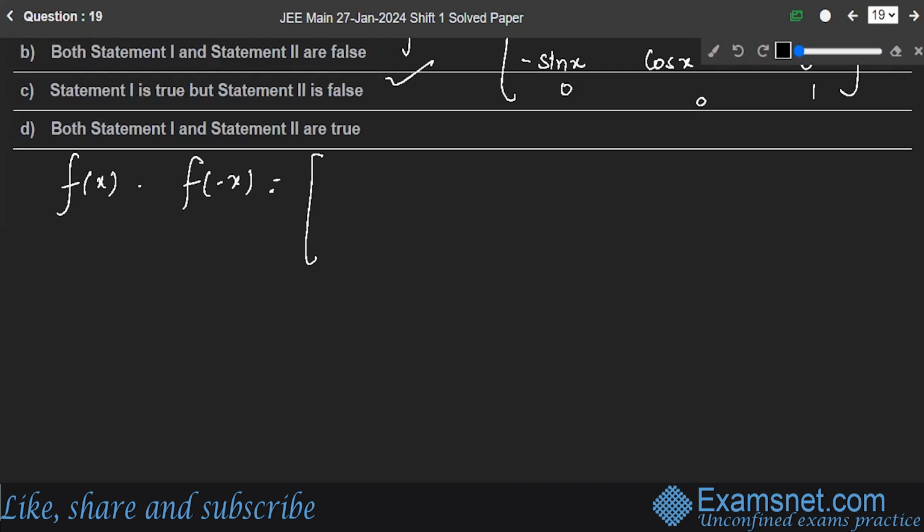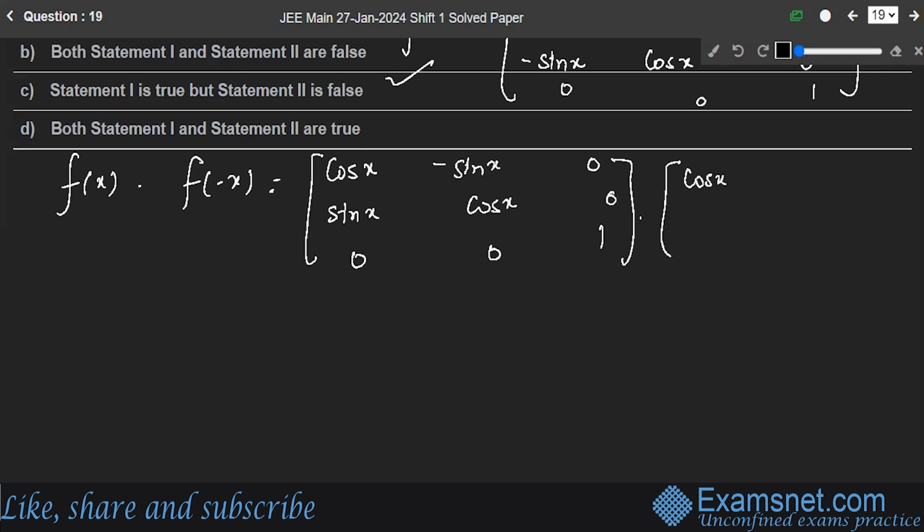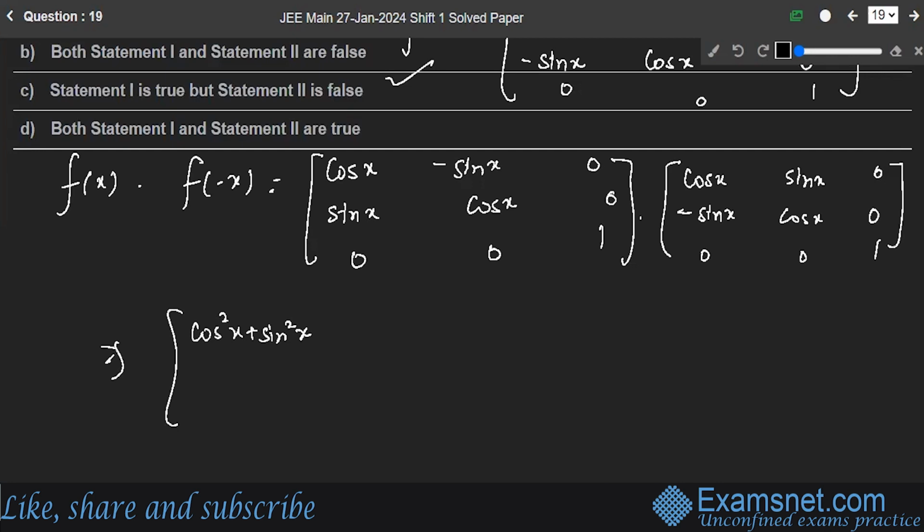This will be given by, your f(x) was equal to cos x, minus sin x, 0, sin x, cos x, 0, and 0, 0, 1. Multiply by this one, cos x, sin x, 0, minus sin x, cos x, 0, 0, 0, 1. That's fine. First row, first column: this will be cos square x plus sine square x.